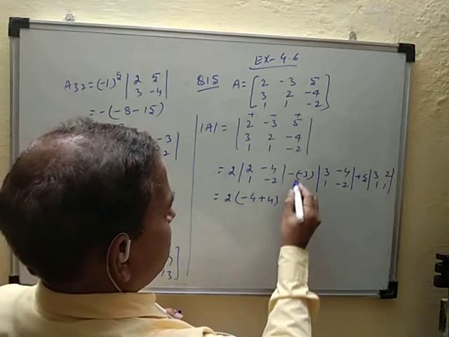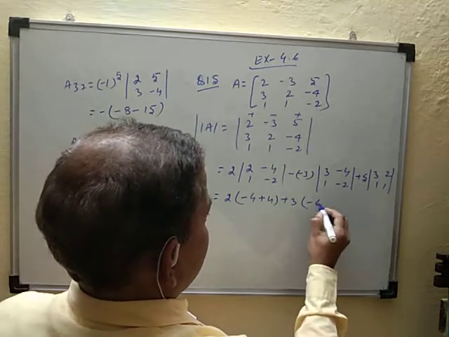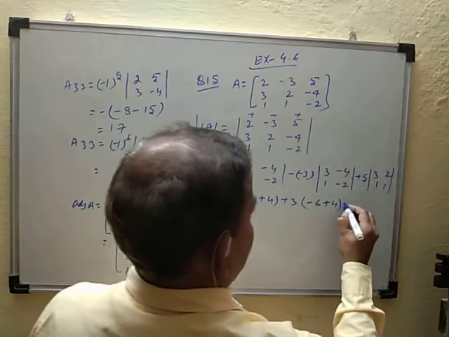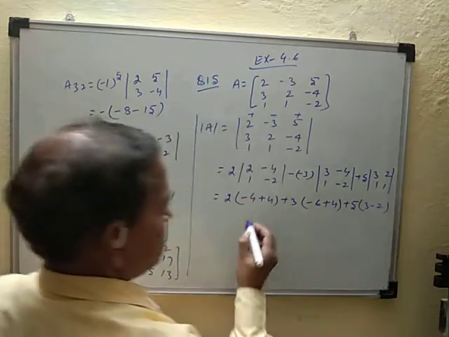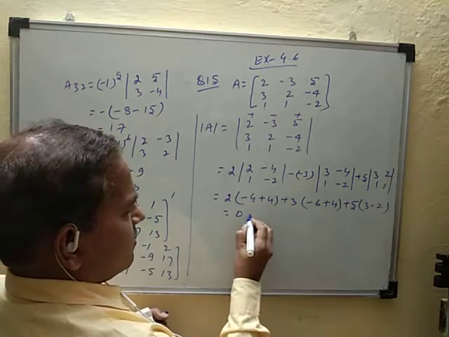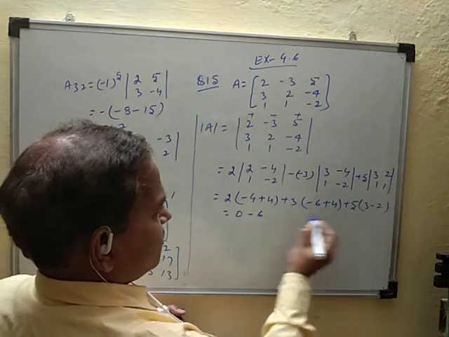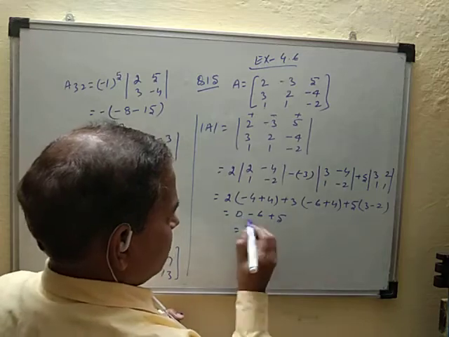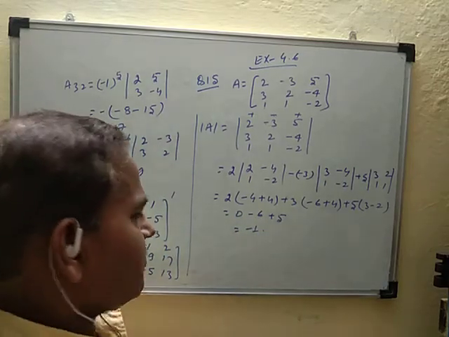So becomes +4. This minus into minus plus, multiply it, -6 minus +4. Then +5, 3, -2. This becomes 0. And this is -2 into 3, that is -6. This is 1 +5. So is equal to -1. So determinant value is -1.